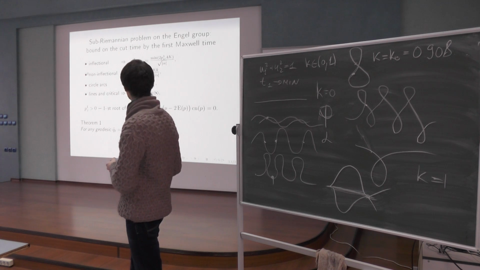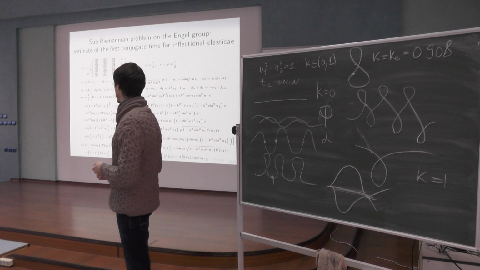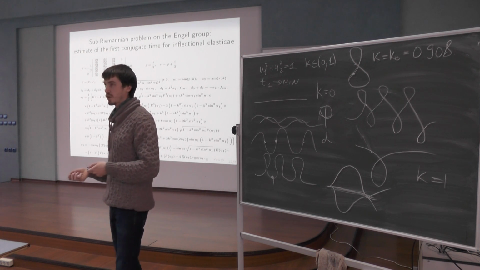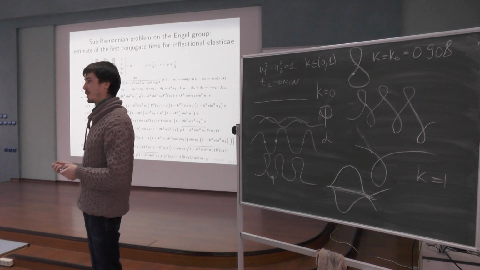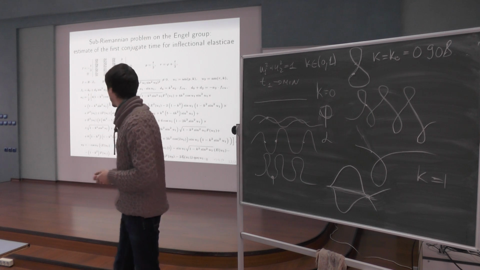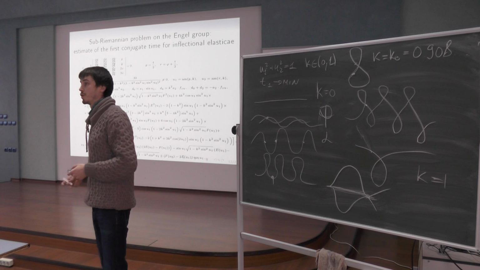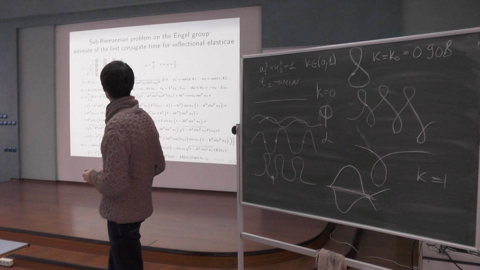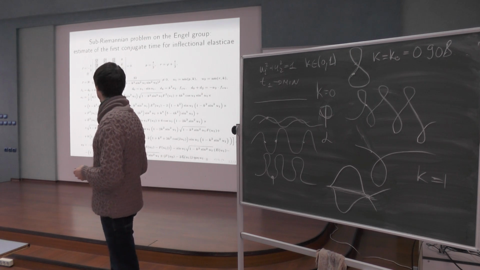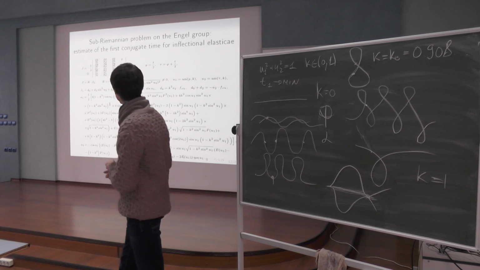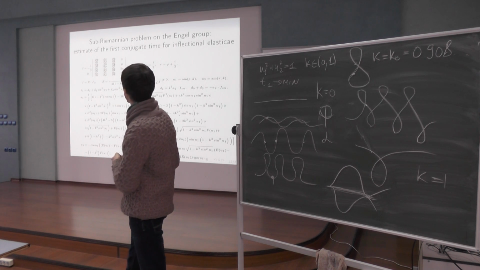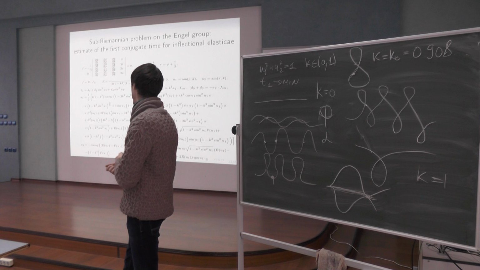So how to prove that this Maxwell time gives us the exact point where we lose optimality? First, we should investigate conjugate points, and we have to consider the Jacobian of the exponential mapping.